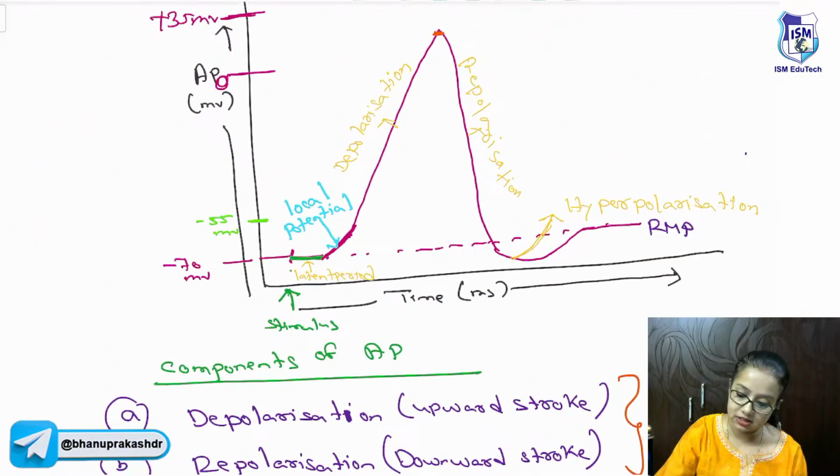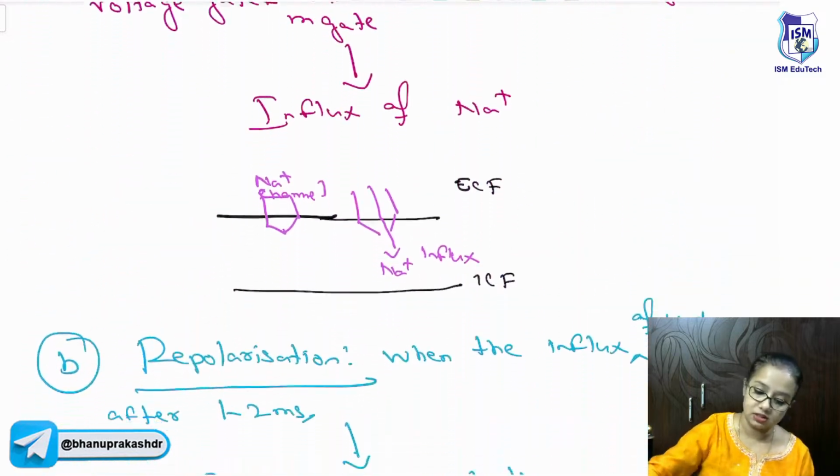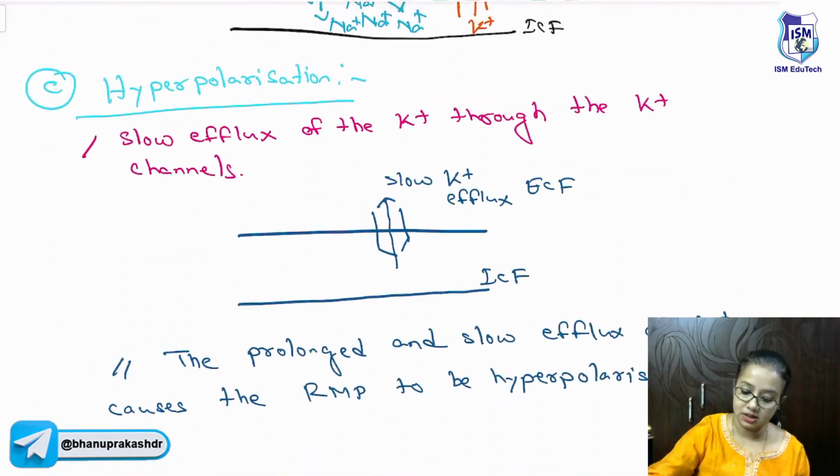Instead of going back to the resting membrane potential, it causes more negativity. It becomes more negative than -70. Instead of coming to -70, it goes below -70. This is the reason for hyperpolarization.